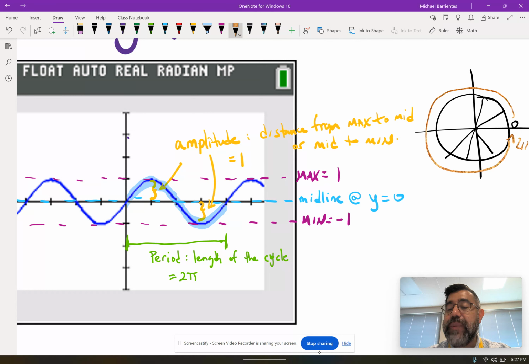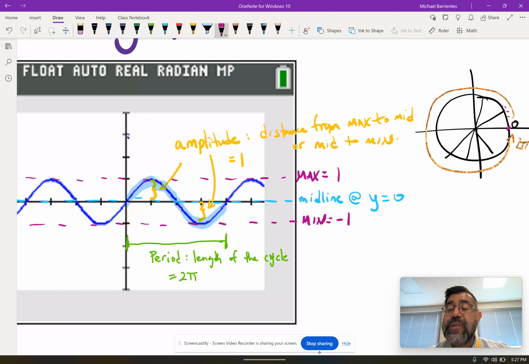That was 2 pi radians. So remember, the sine curve is made from the y-coordinates of the unit circle. And the y-coordinate at 0, at this point right here, is 0. Well, that's why this y value is 0.